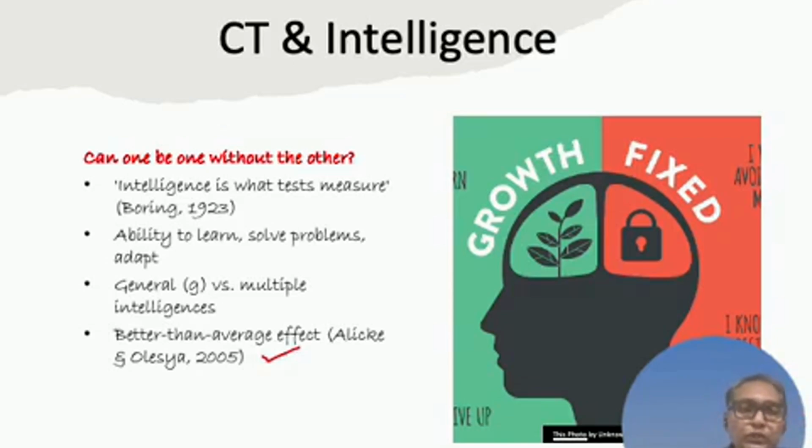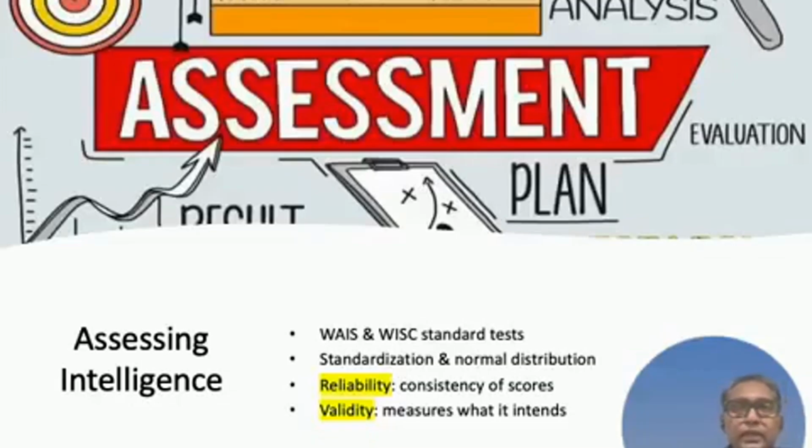If we move on to the next slide and look at assessing intelligence, there are two constructs: reliability and validity. Reliability is the consistency of a measure to give the same result over and over again. If you take a test now and take it again some time later, and it gives you the same result, then it's reliable.